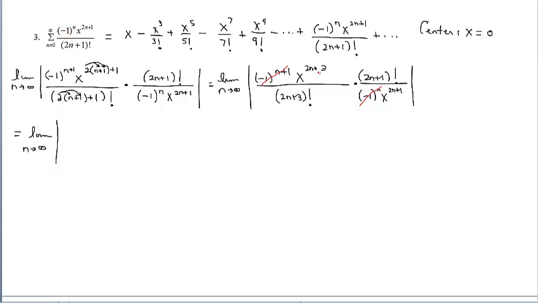So you could separate them, or you can just visualize what that would look like cleaned up. On the top, I'm going to cancel x to the 2n, and I'm going to have the x cubed still remaining. And I'll cancel the x to the 2n and still have x to the first. So x cubed over x to the first, this x will cancel with one of those. So actually in the numerator, all I'm going to have is x squared.